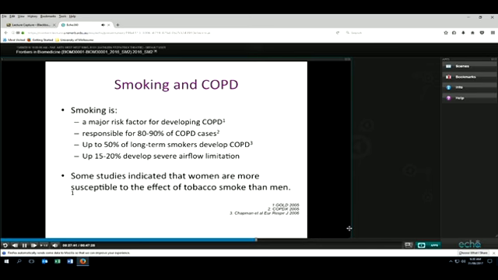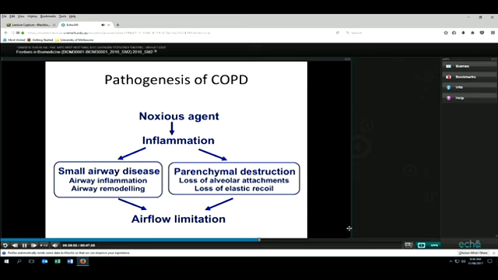Perhaps some studies suggest women are more predisposed to COPD than men for a given smoking history, but what's also clear is that there is a number of genetic influences that can affect people's likelihood of developing COPD, again, for a given smoke exposure. And that's probably more important than the sex of anyone who is smoking.